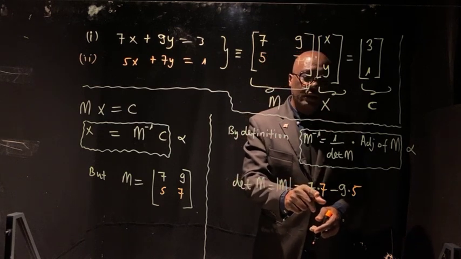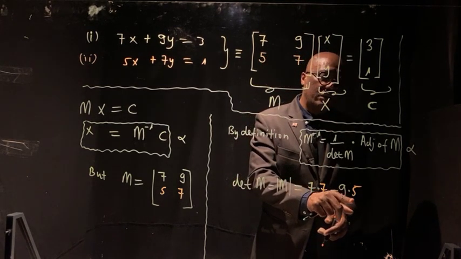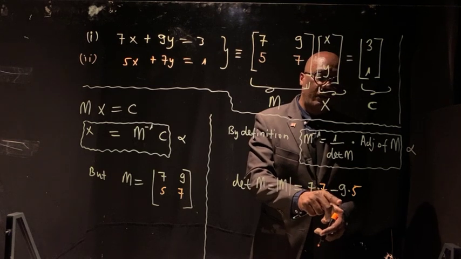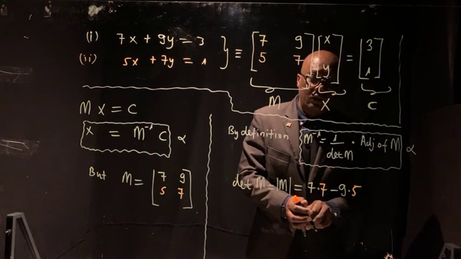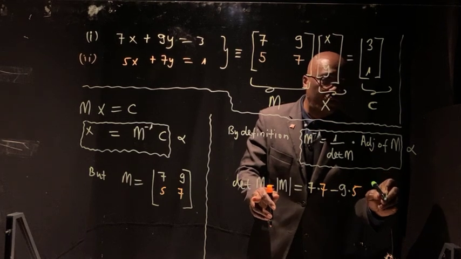So 7 times 7 is 49, minus 9 times 5, which is 45. 49 minus 45 equals 4, which means the determinant of M is equal to 4.